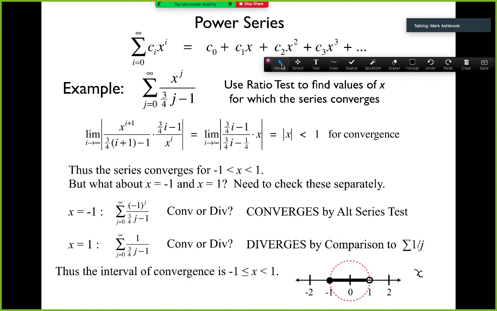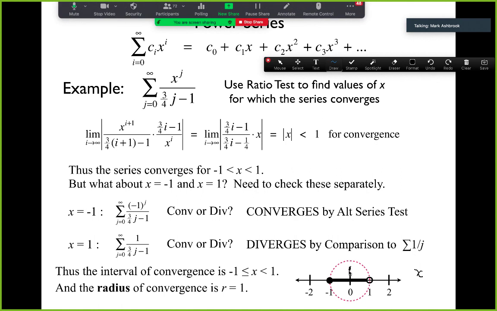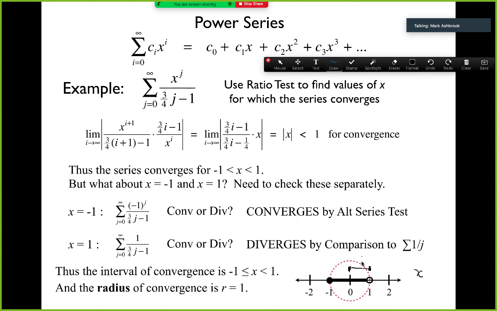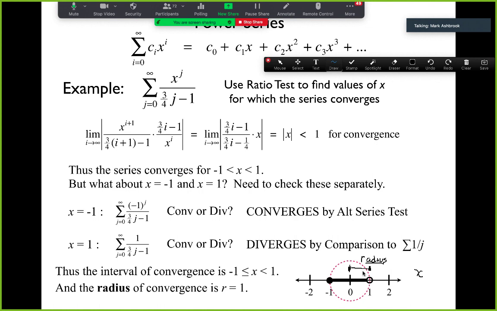And kind of in that vein, you have a radius, right? From the center of the interval out to the edge of the interval is called the radius of convergence. The radius of convergence is a single value, and it's half the distance of the interval.